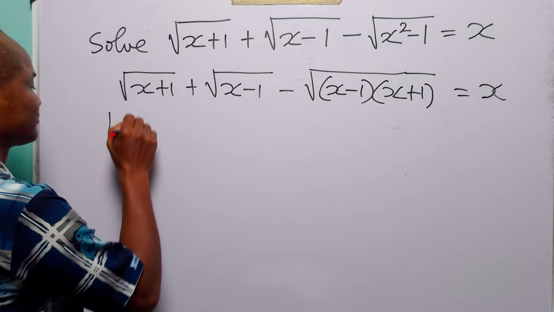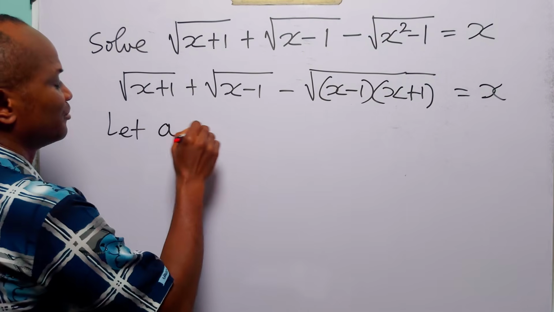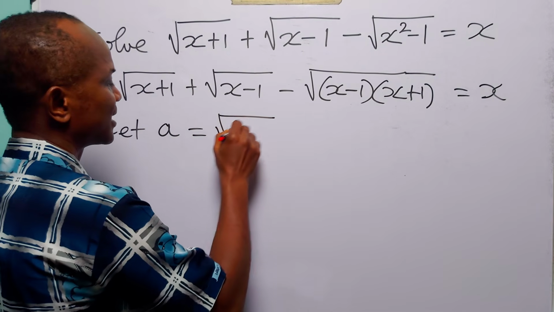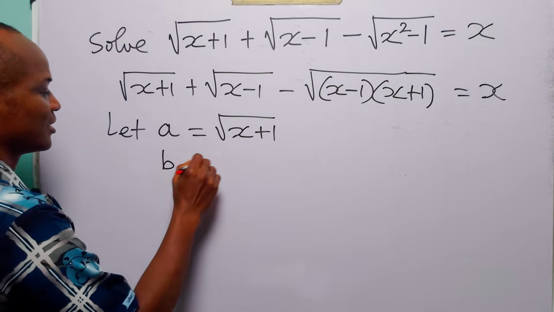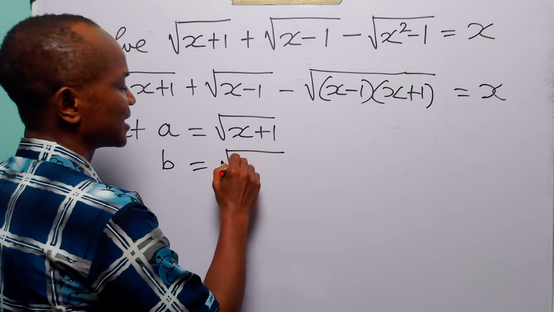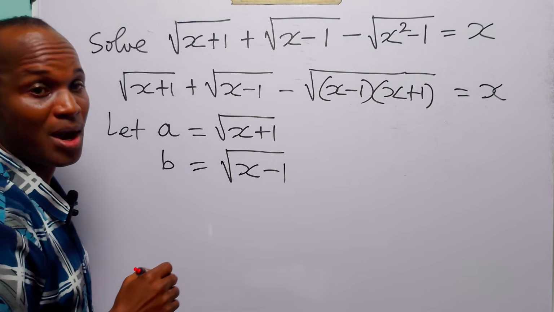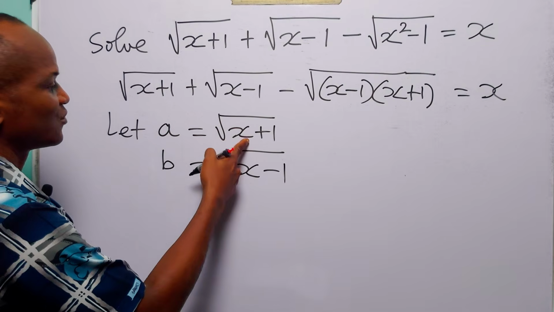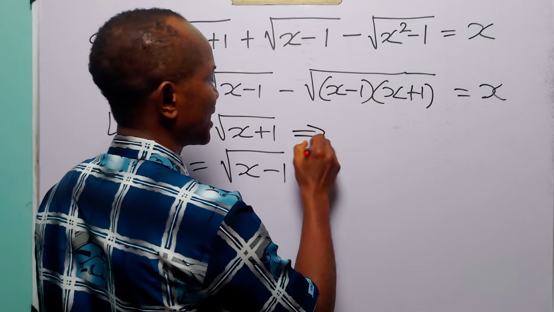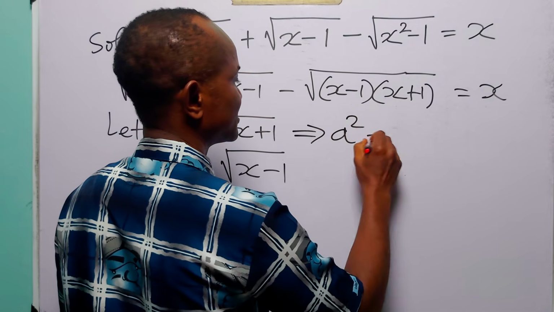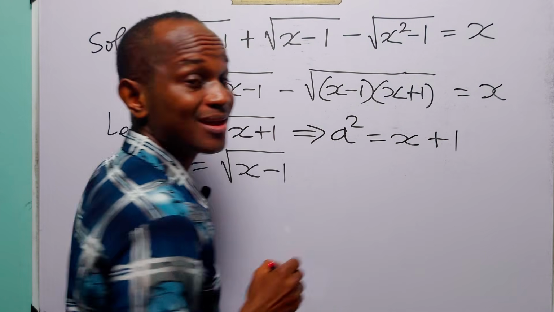Let a be equal to root x plus 1 and let b be equal to root x minus 1. Now, of course, you know that if we square both sides of this first equation, then we have that a squared is equal to x plus 1.